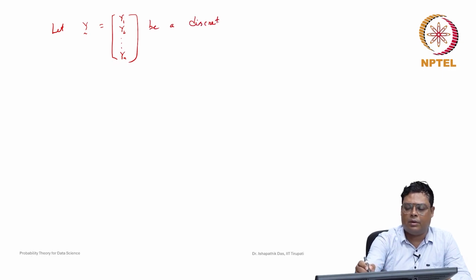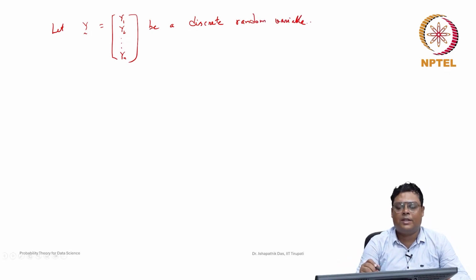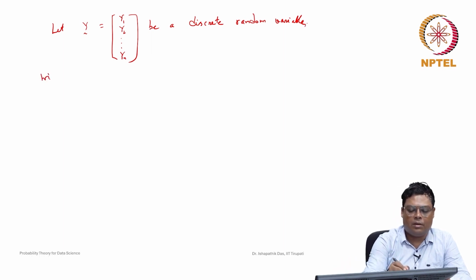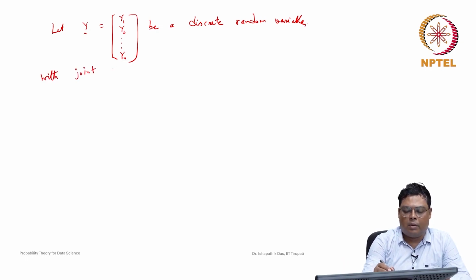Suppose a discrete random variable, we have discussed. Then we have a discrete random variable with joint probability mass function, I am just writing the abbreviation PMF, the joint probability mass function of Y is P of Y.